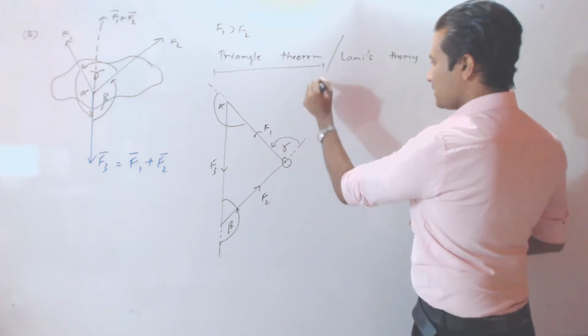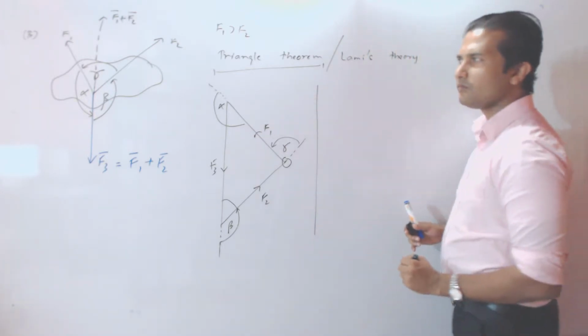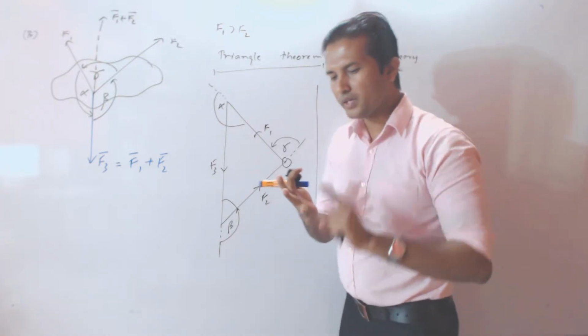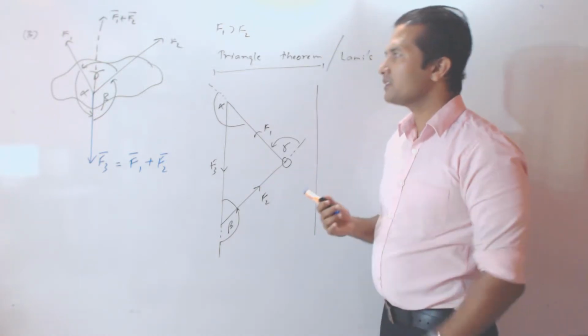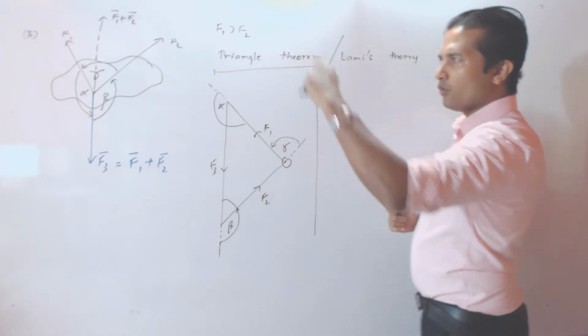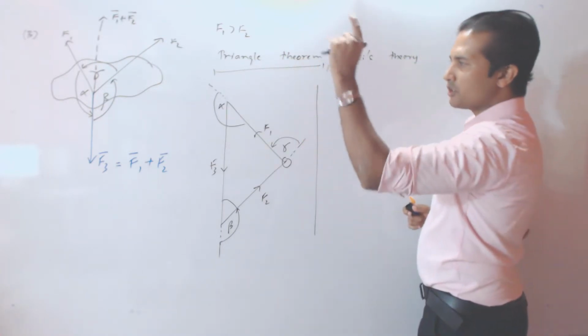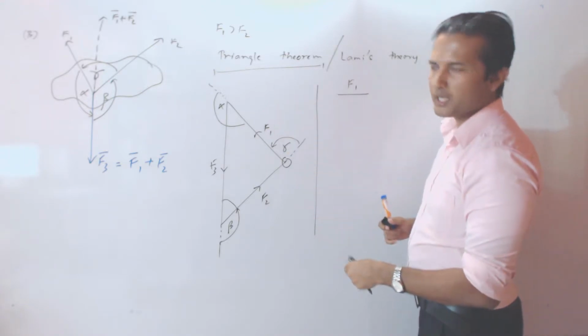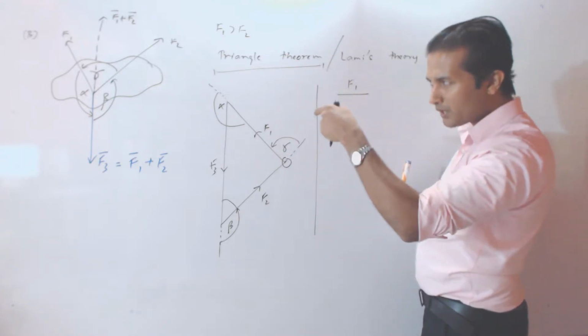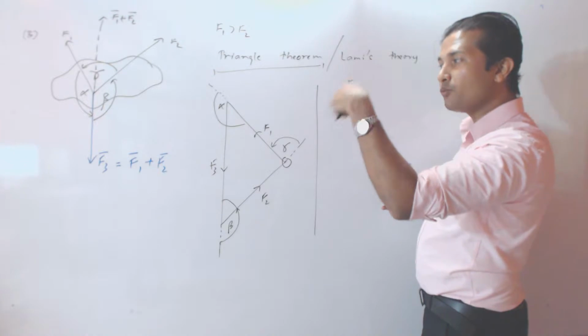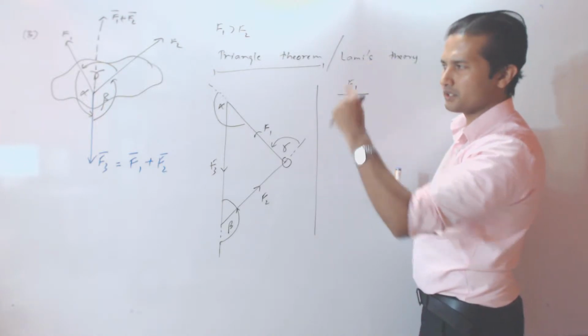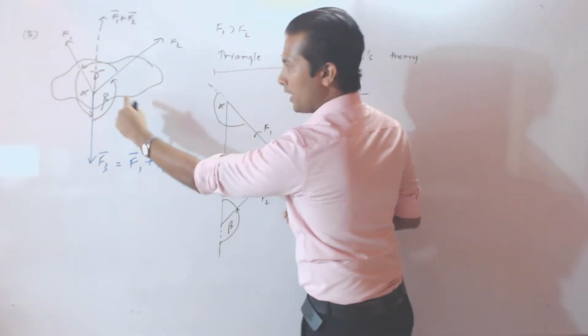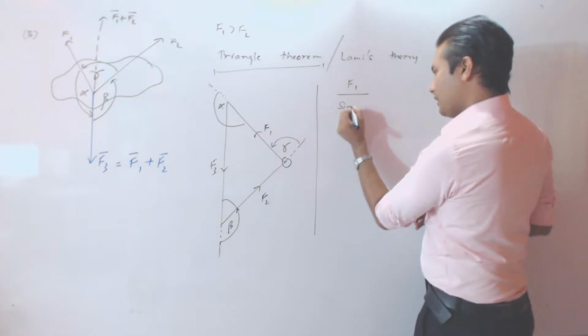Let's consider Lami's theorem. When considering Lami's theorem, you have to select a particular force such as F1. Then you have to take the angle in between the other two forces, like beta. Then take the sine value.